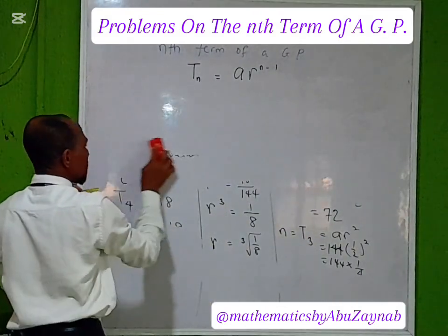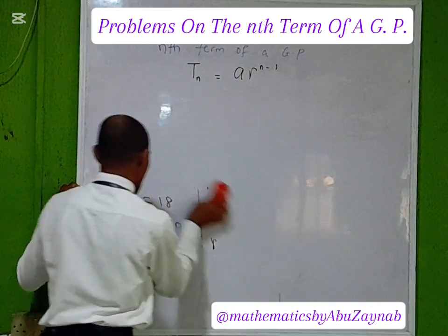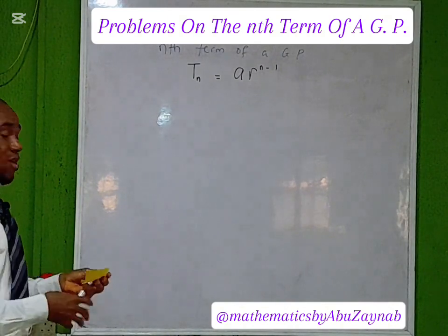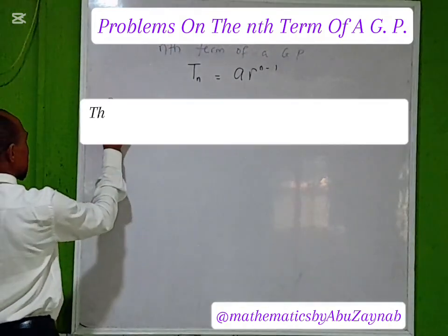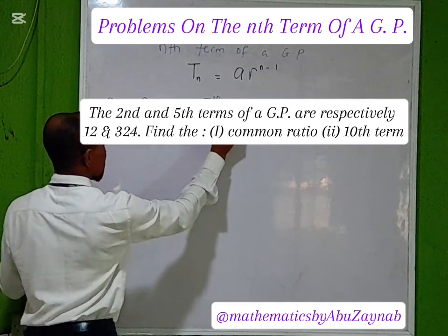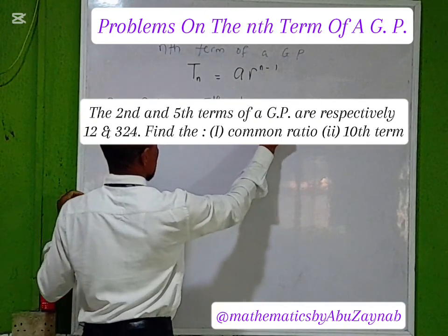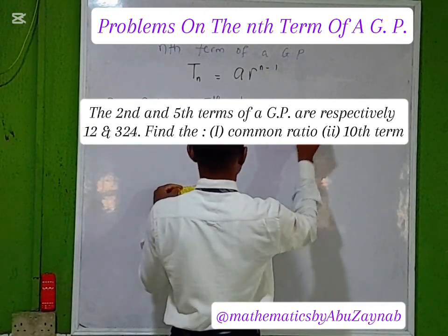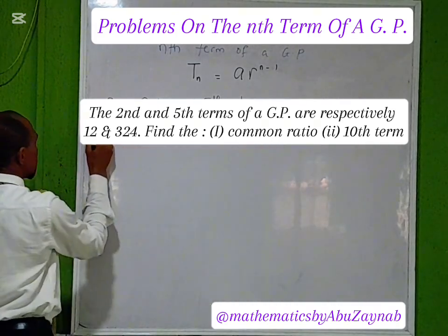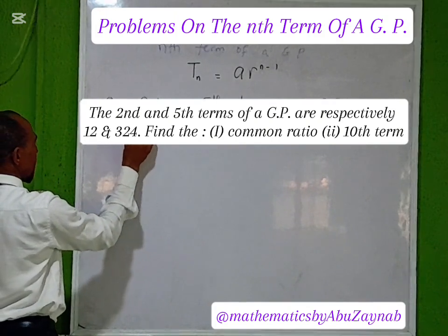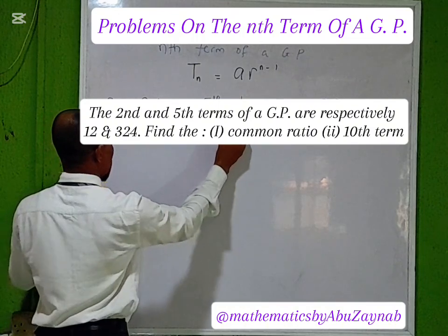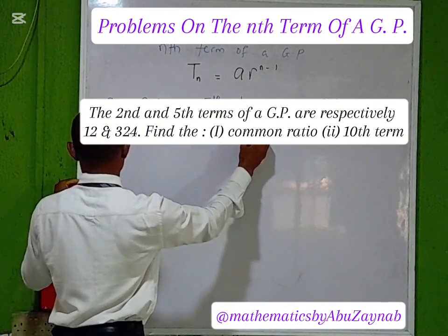Number 2 is no less interesting, except that it's written this time around fully in words. We have that the second and fifth terms of a GP, that's geometric progression, are respectively 12 and 324.